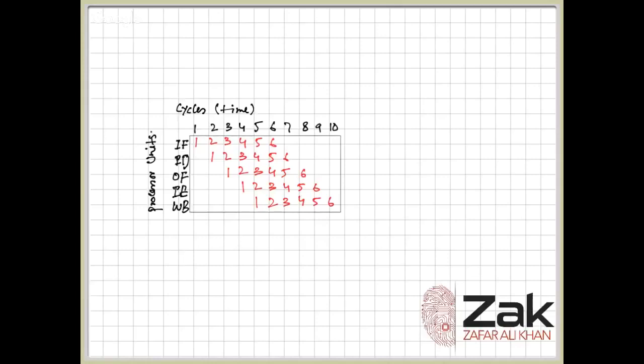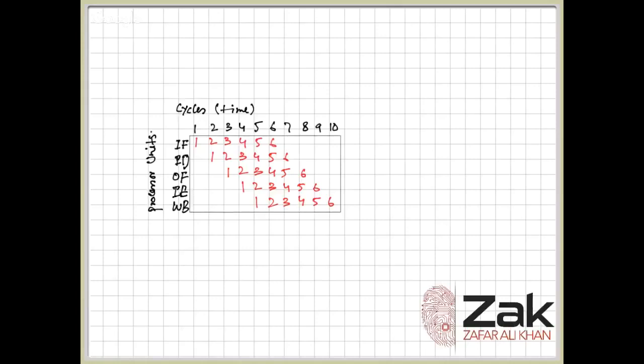How many cycles does it take to execute a program having 6 instructions in a pipeline having 5 parts?